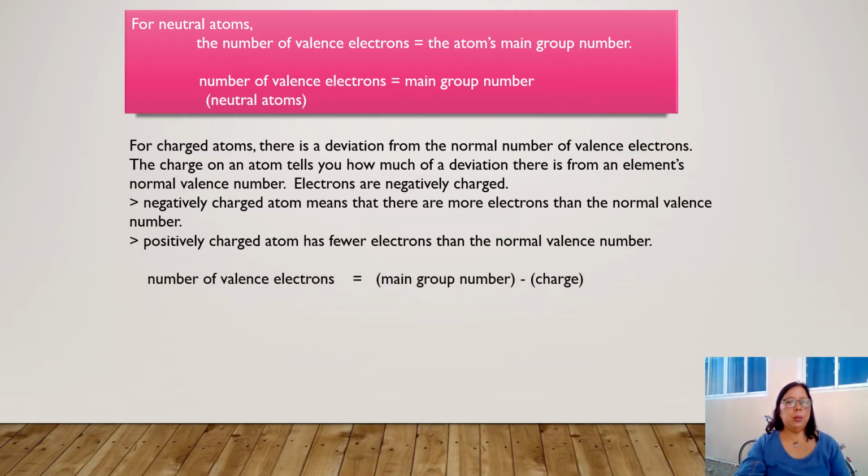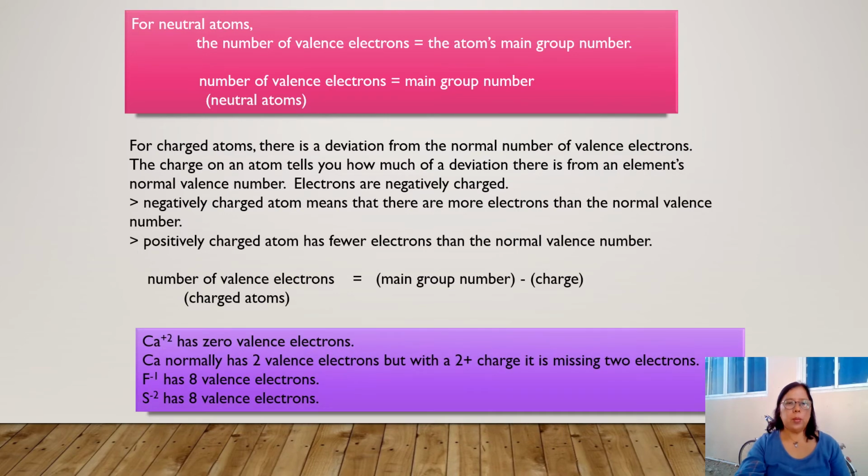So, if we are going to lay this into an equation, the number of valence electrons is equal to the main group number minus the charge. Calcium belongs to group 2. As a cation that is plus 2, it has 0 valence electrons.